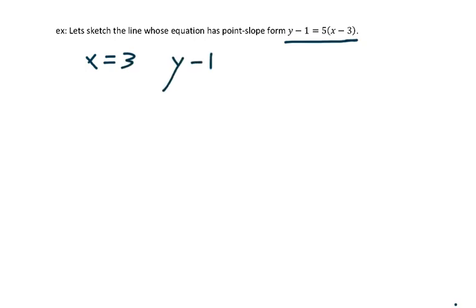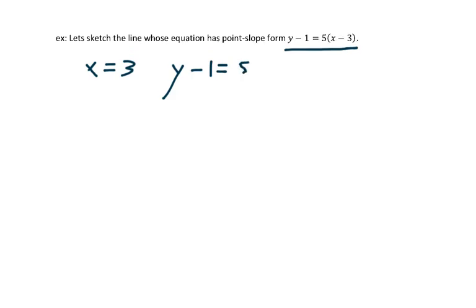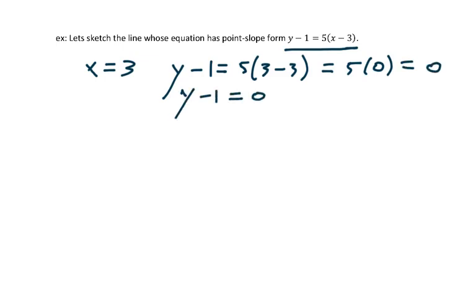Y minus 1 equals 5 times 3 minus 3, which is, of course, 5 times 0, which is 0. So we have y minus 1 is 0. Just solving for y, you add 1 to each side. Y is equal to 1. And so the point is 3, 1. This is a point on the line.